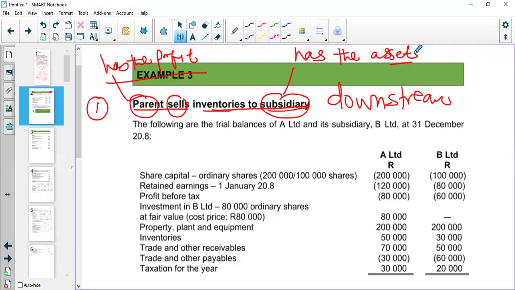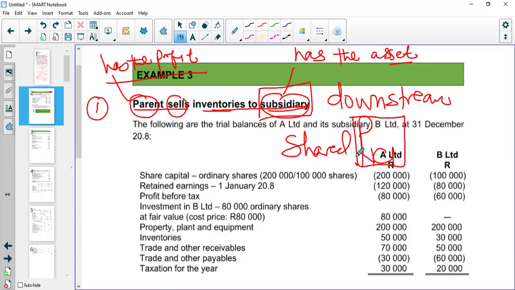Now, why is that important? Because when you do consolidation, right, the profit of the subsidiary has to be shared between the parent and the NCI. So we need to know who made the profit.